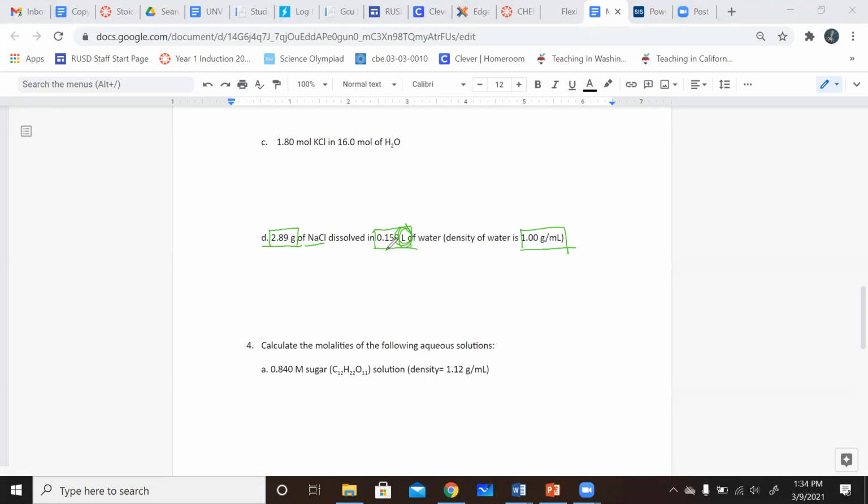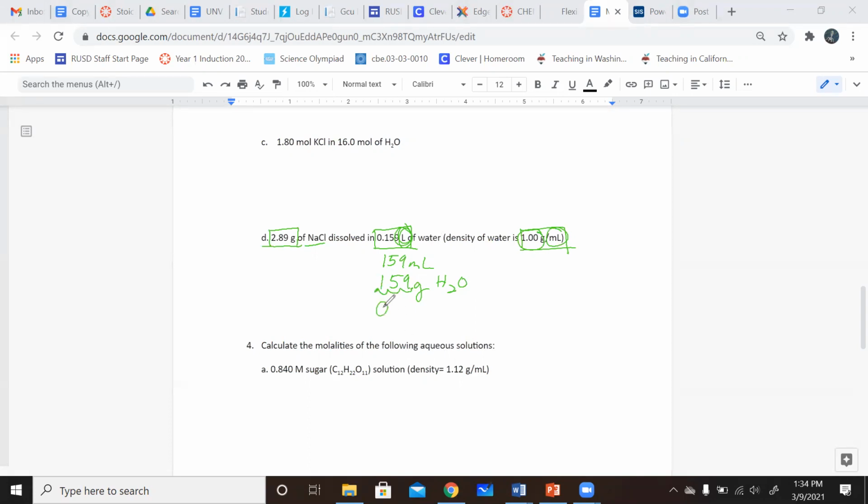So if you have 0.159 liters, that's the same thing as 159 milliliters, right? And if water is 1 gram for every milliliter, that's also the same thing as 159 grams of water. And if it's 159 grams of water, you can convert that to kilograms by moving our decimal place backwards.